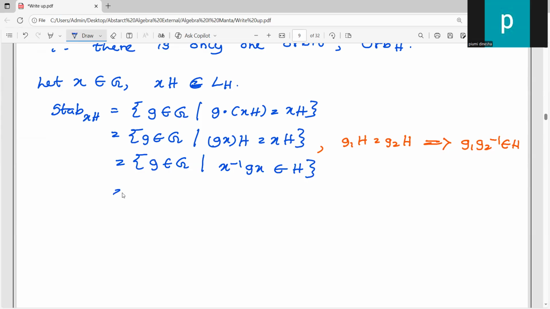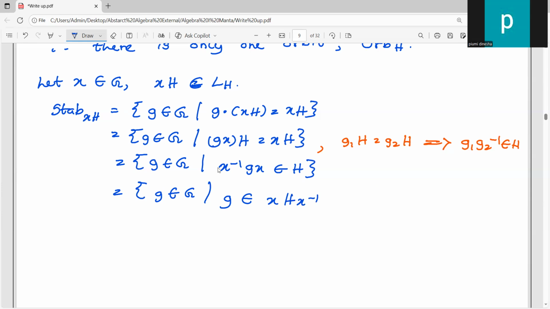Okay. This is equal to the set of g in G such that g is actually in xHx inverse.